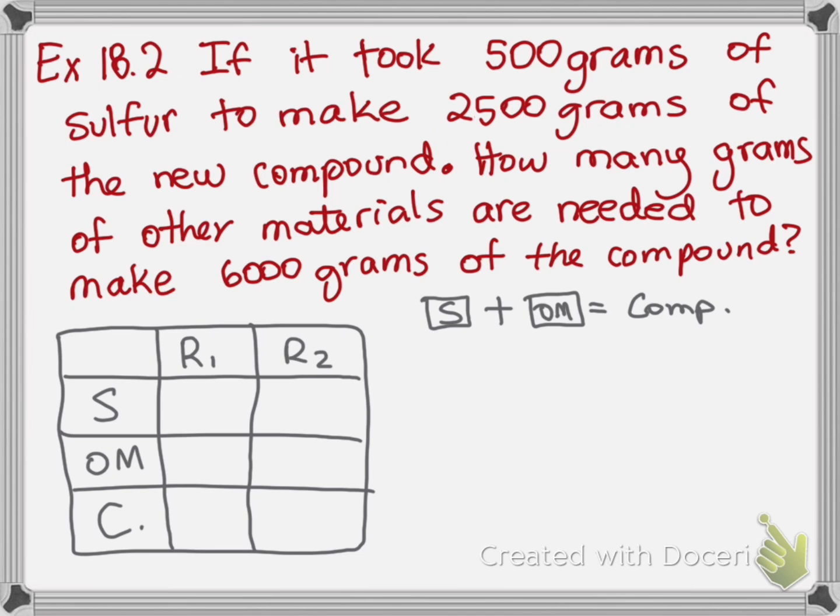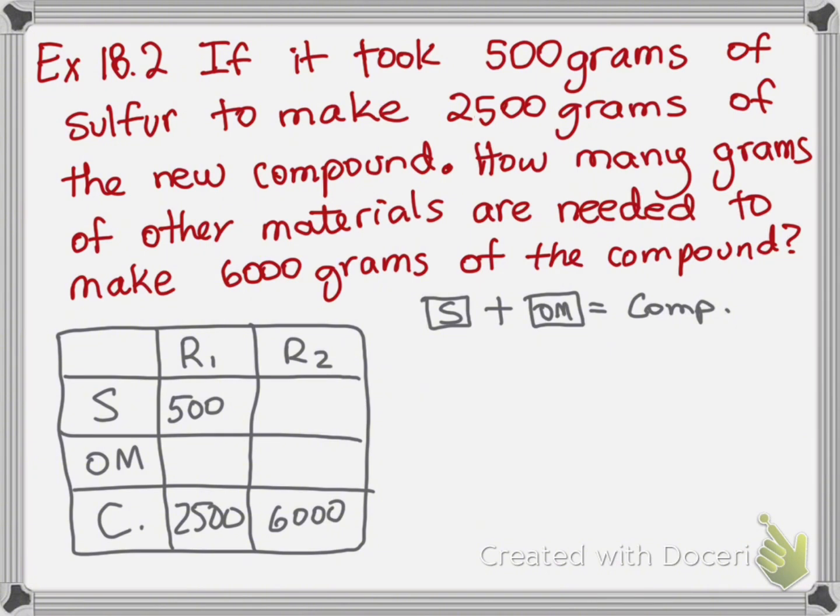It says, if it took 500 grams of sulfur to make 2,500 grams of the new compound, so we put 500 here and 2,500 here of the new compound, how many grams of other materials are needed to make 6,000? So 6,000 goes here, because that's a new combination.